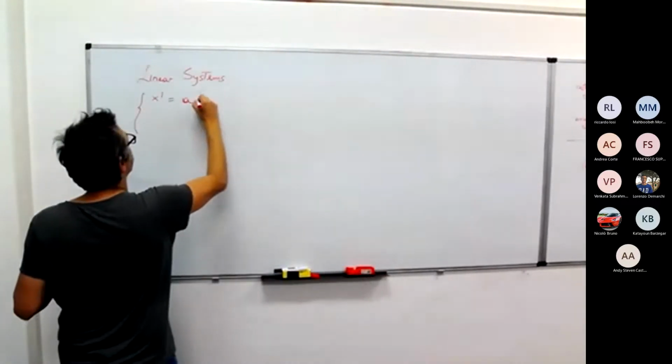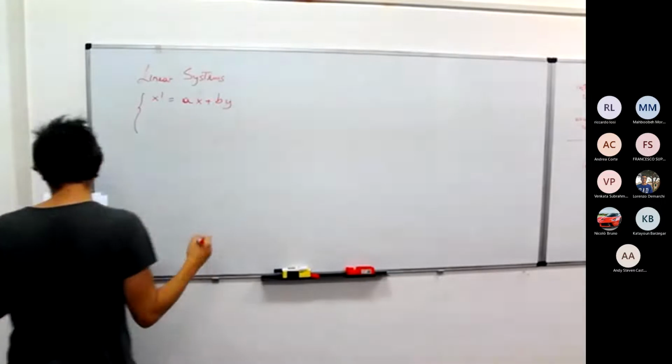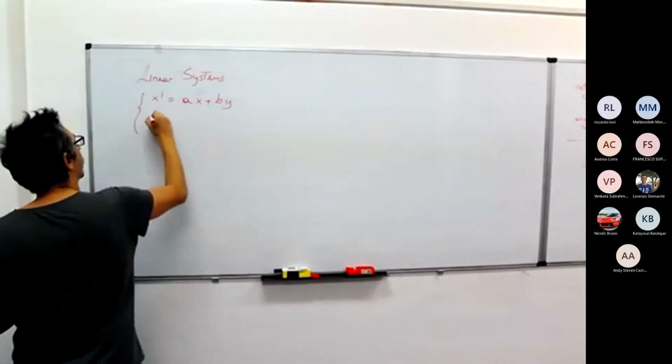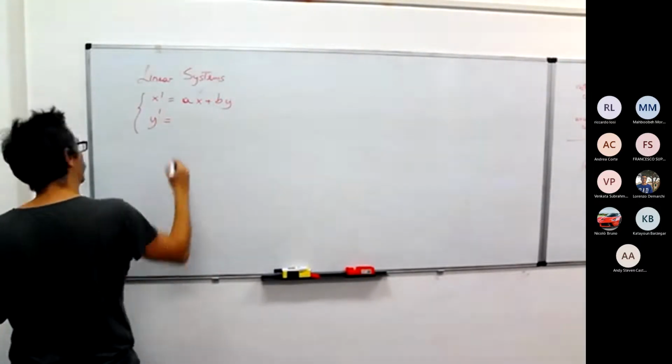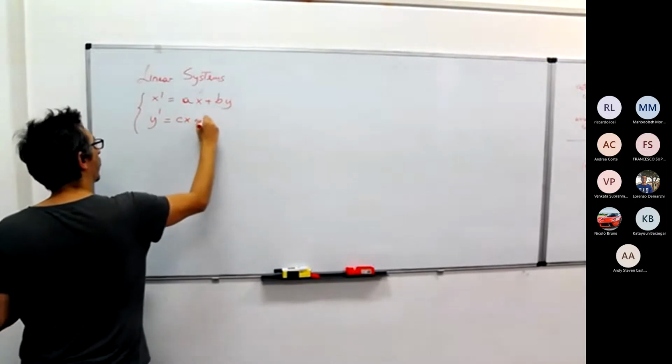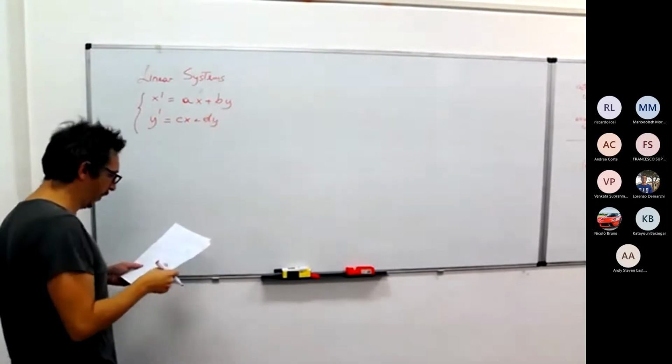Written in this way, y prime equal to cx plus by. Very good.